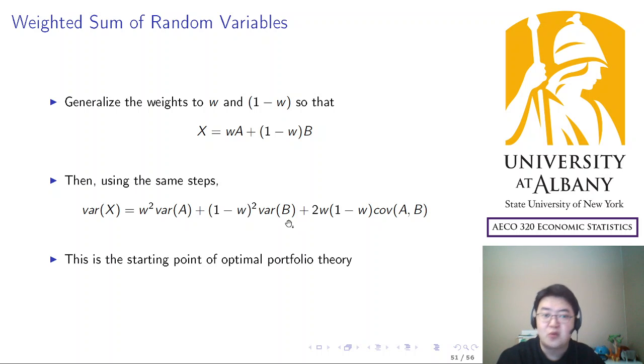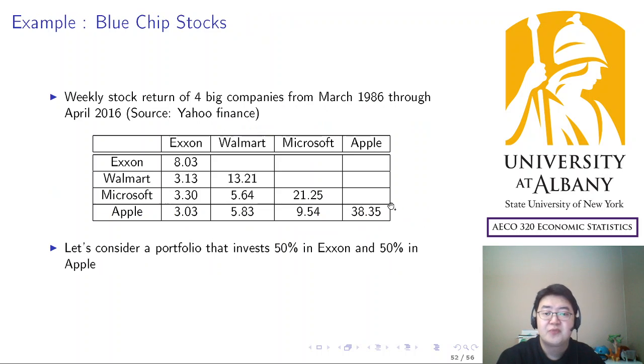And here we are studying covariance. I am going to consider real data from Exxon, Walmart, Microsoft, and Apple. You know what? These 4 companies have all been number 1 in market capitalization at some point.